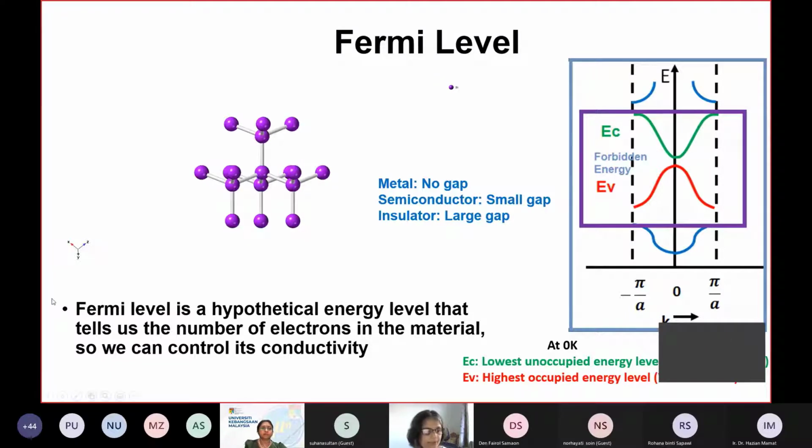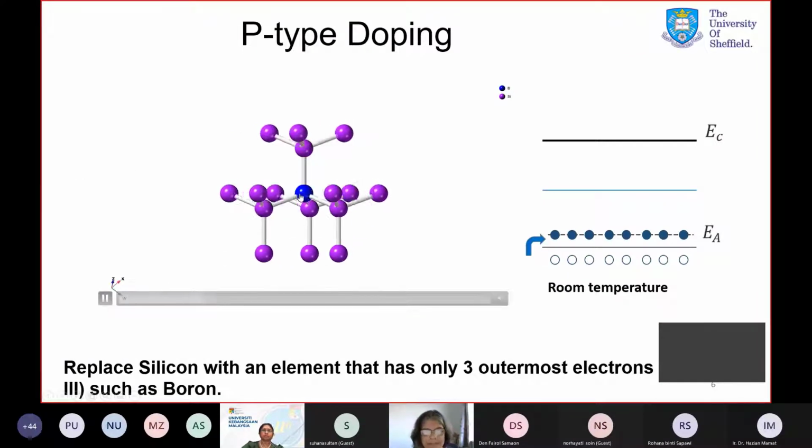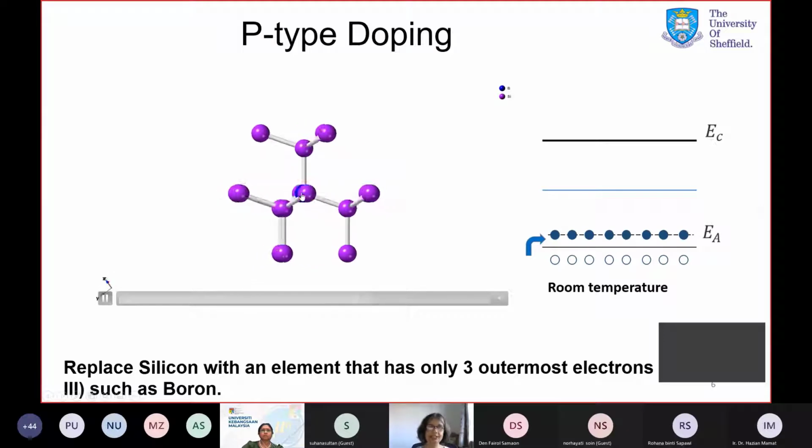Now, the Fermi level is a hypothetical energy level within this band gap that tells us how many electrons are there in the material so we can control its conductivity. So take for example, if we replace one of these atoms with boron, which has only 3 electrons in its outermost orbit, that means it has 1 electron less.